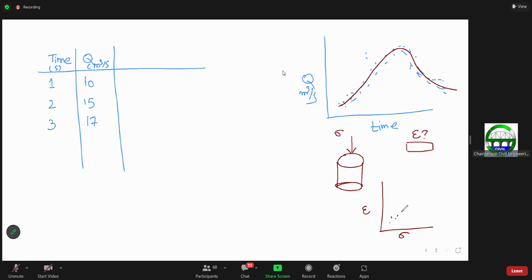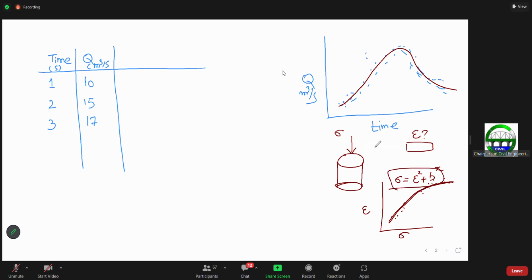So there could be a linear relationship or exponential relationship. So the line that best represents this one will have maybe something like epsilon squared plus b something x, some relationship.